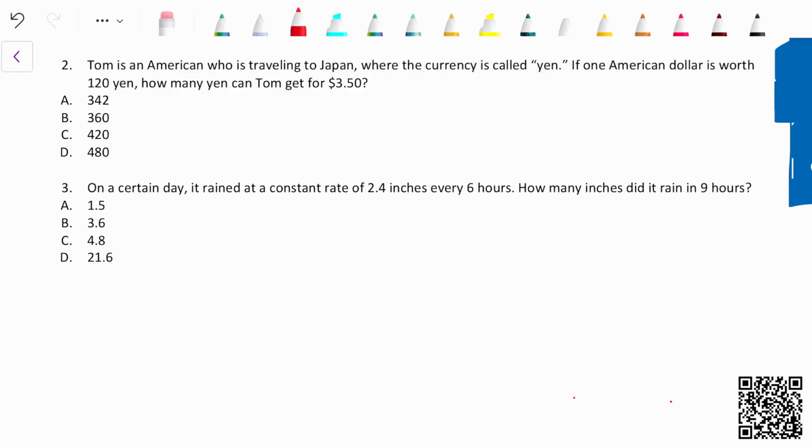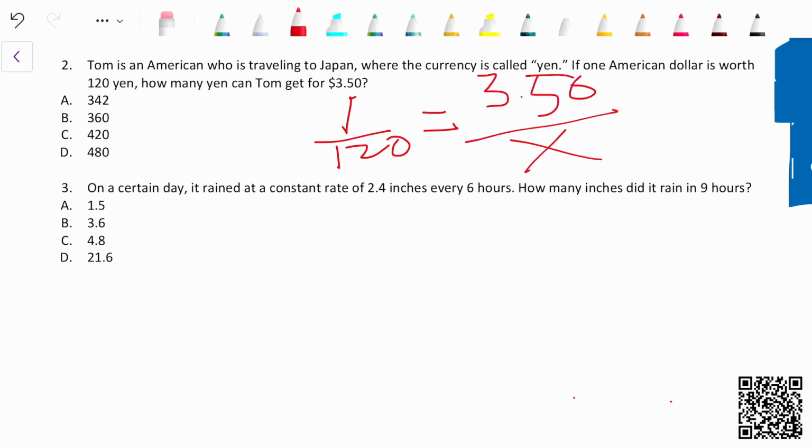So looking at this, we can see that we've got $1 American would be 120 yen, equal to $3.50 and x yen. So we're solving for this here.